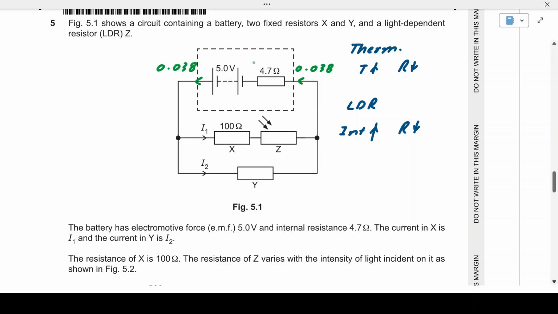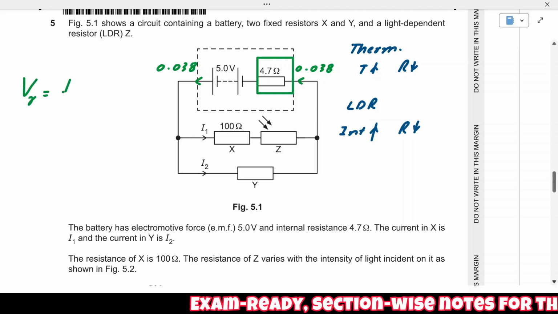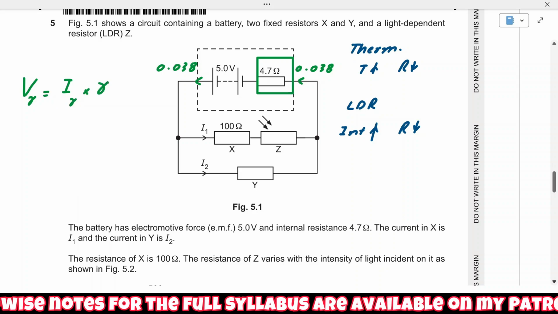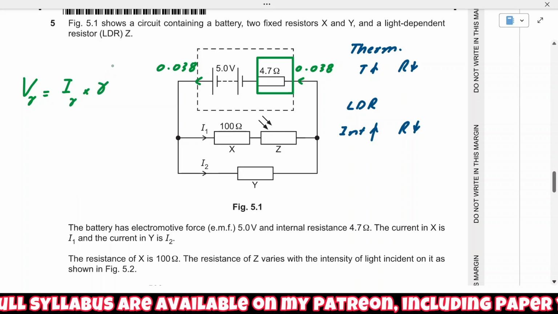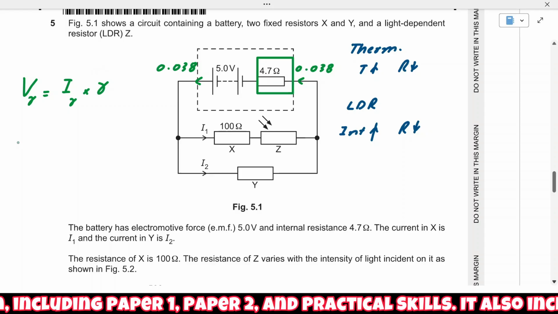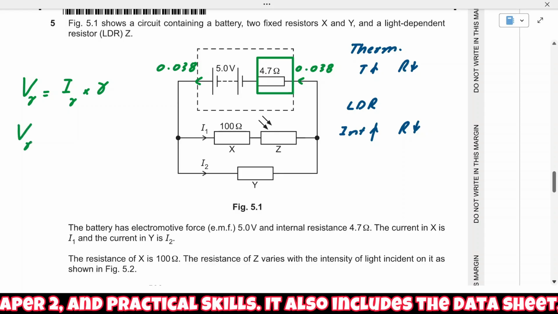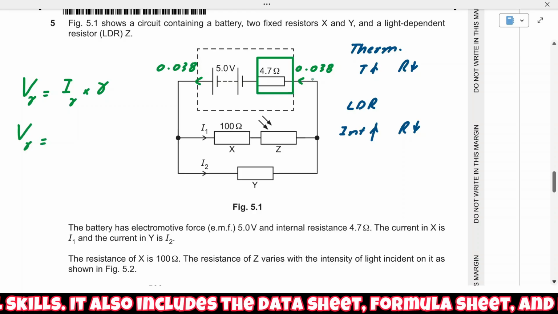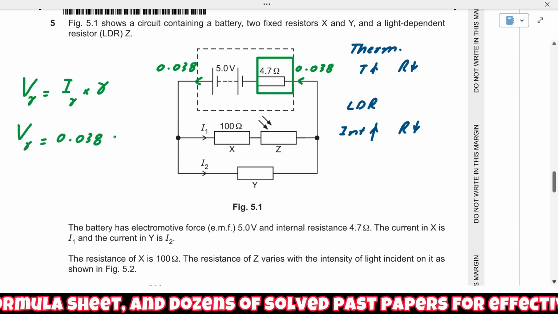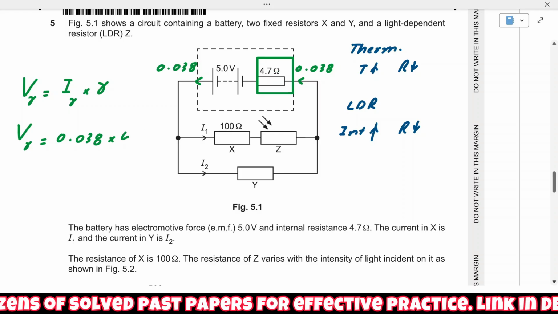Now what is the voltage across this one? The voltage across the small resistor is equal to the current through the small resistor times the resistance of the small resistor. V equals IR. The simple formula, V equals IR. Now the voltage across that one equals the current through this one, which is the same 0.038, times the resistance of this one, which is 4.7.